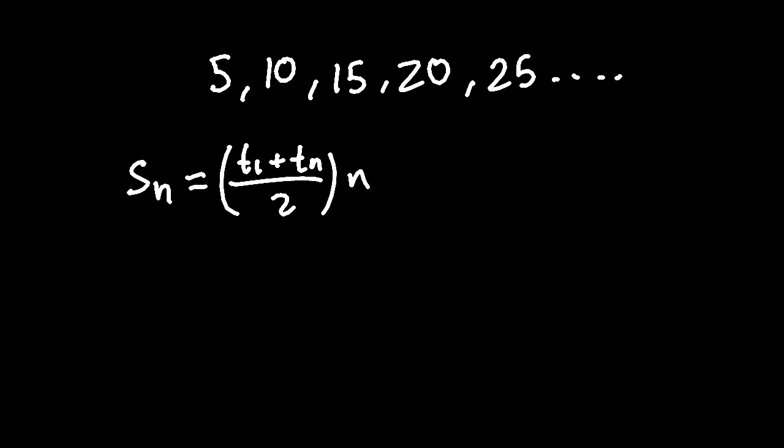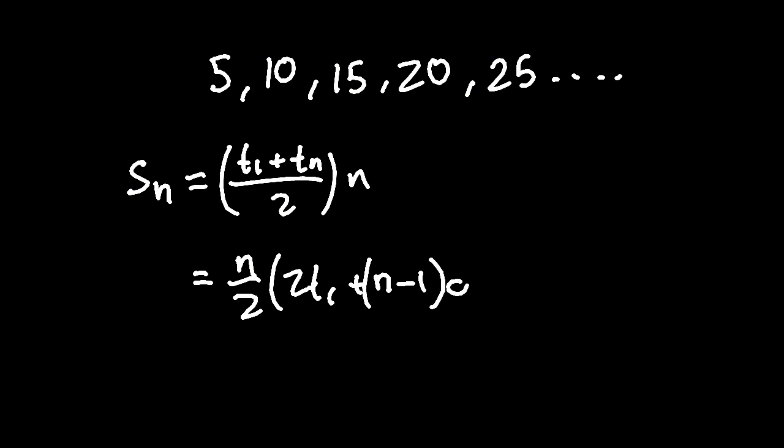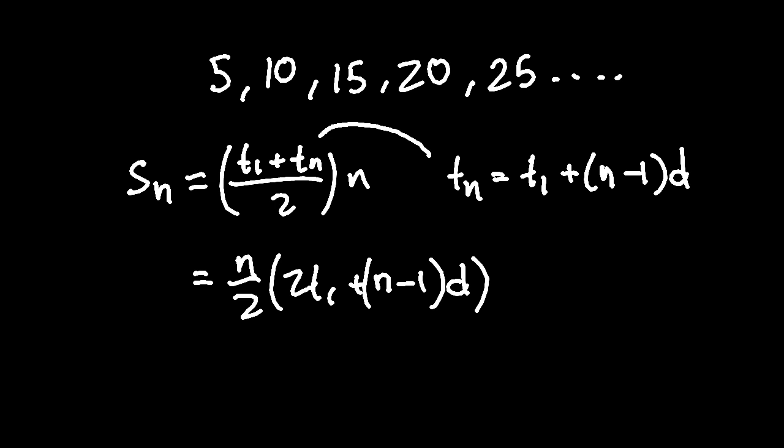But we could also change this formula so that we don't need to know the 10th term of the sequence. As you can see, it looks pretty familiar with our other formula, Tn equals T1 plus n minus 1 times d. That's because we're just substituting this formula into here, and so it gives us this formula, which is pretty useful.